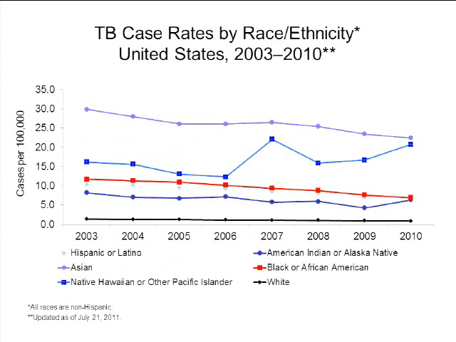Again, this slide here is by race and ethnicity. The lower risk here is in Caucasians, and then as you increase, American Indian or Alaska Native is next.